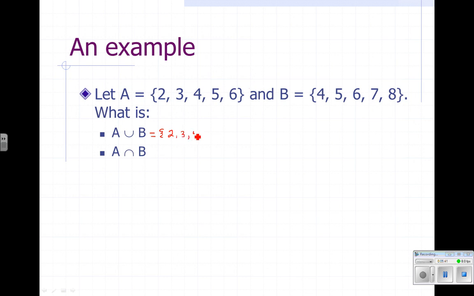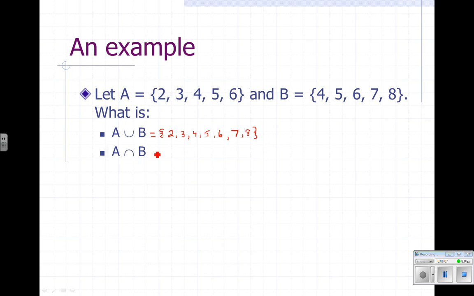We definitely have to include 4, 5, and 6 as they're common to both sets, but we're not going to repeat those numbers. And then we add 7 and 8 on the end. We call that the union of the sets A and B. It's a larger set than either set, but it contains all the elements contained in each of those sets.